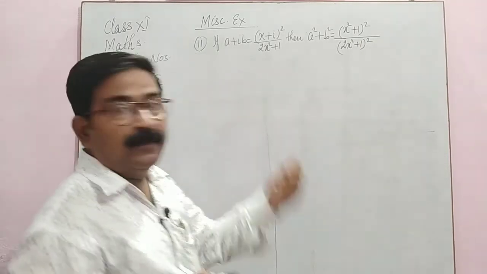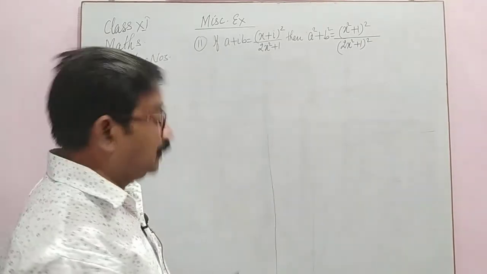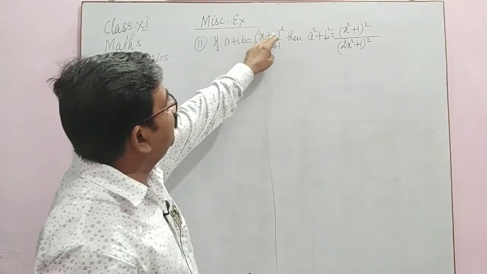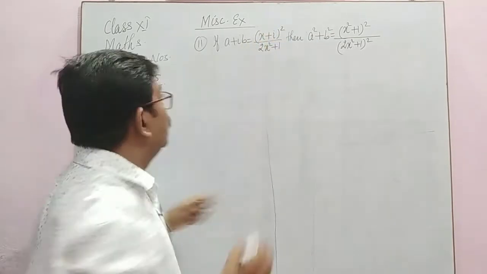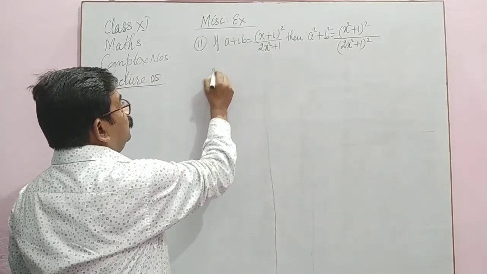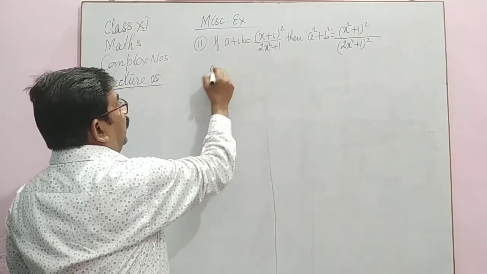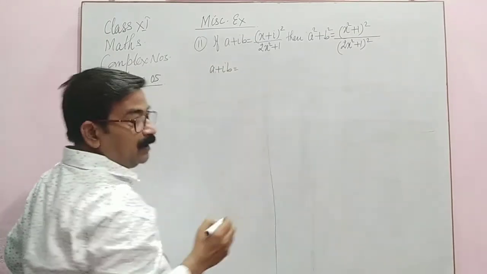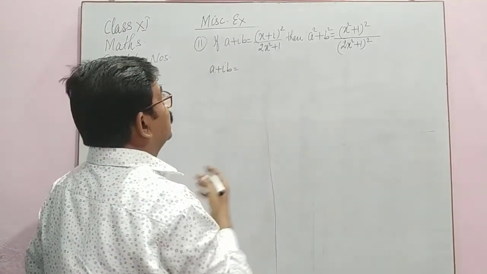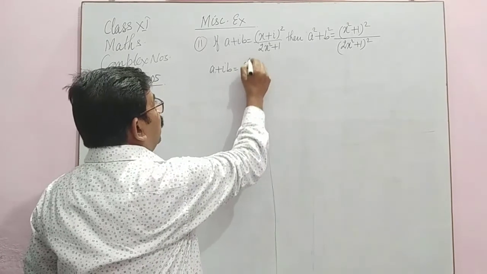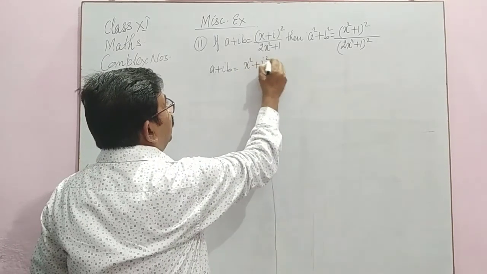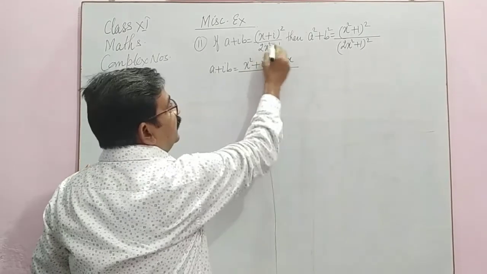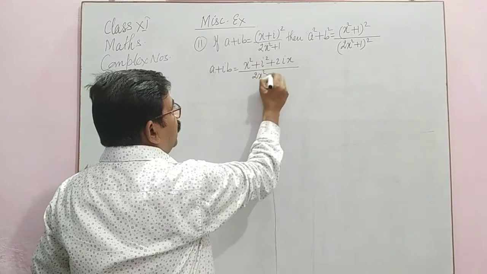This kind of question we have done in the previous questions. So what to do? Simply first simplify this (x plus i) whole square. So I am writing, we have a plus ib is equal to x square plus i square plus 2ix upon, this is already given, 2x square plus 1.